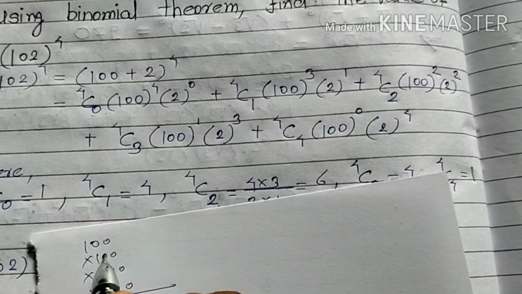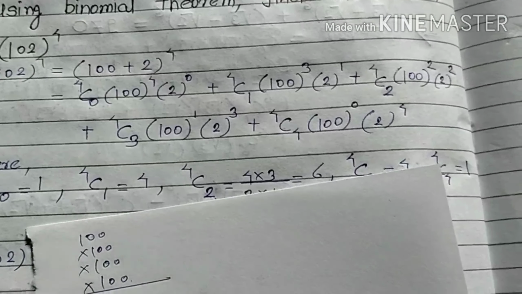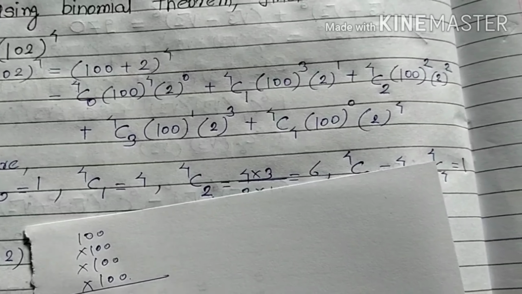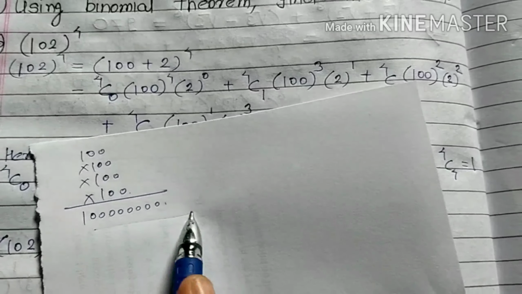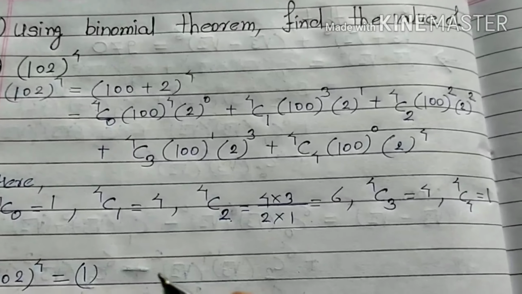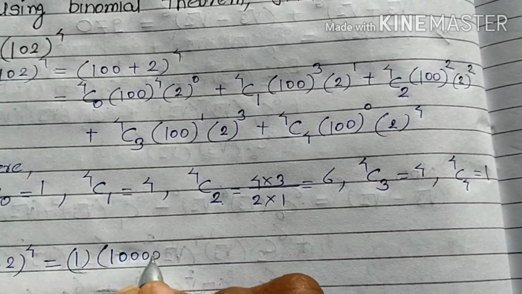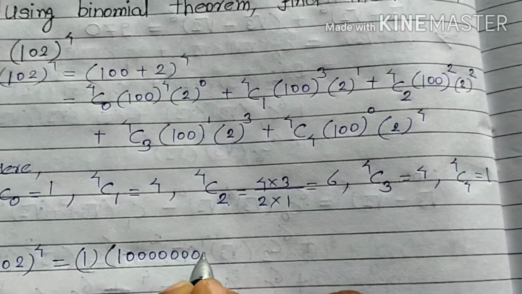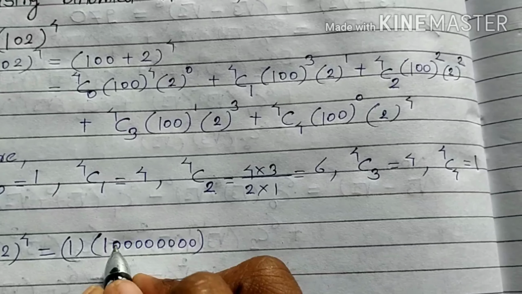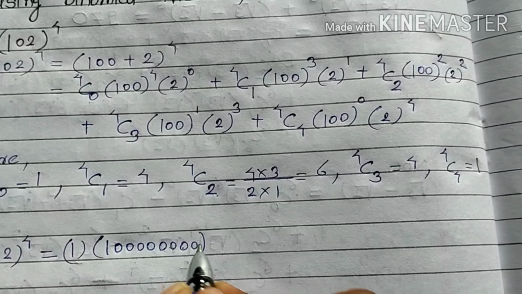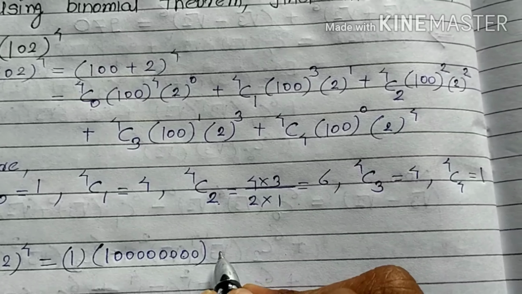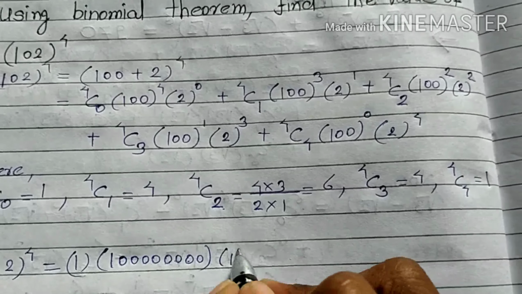So count the zeros, 8 zeros. So 100 raised to 4 is 1 followed by 8 zeros. Okay. Now 2 raised to 0. Anything raised to 0 is 1.